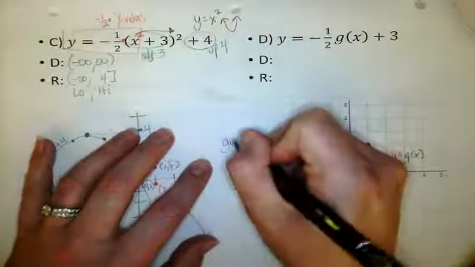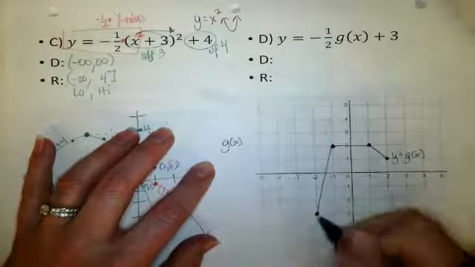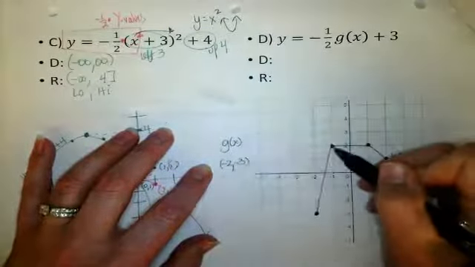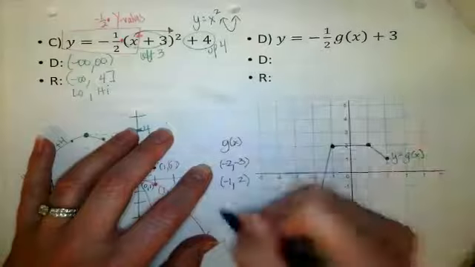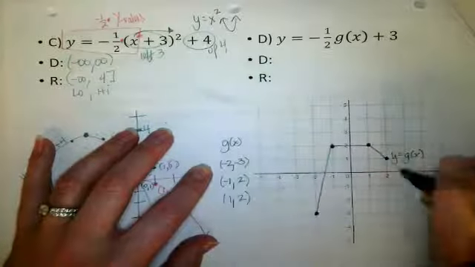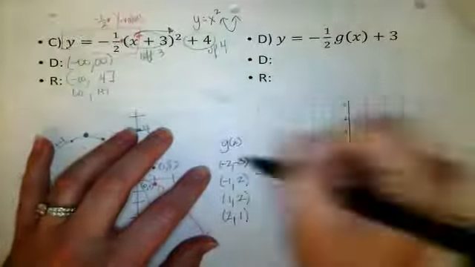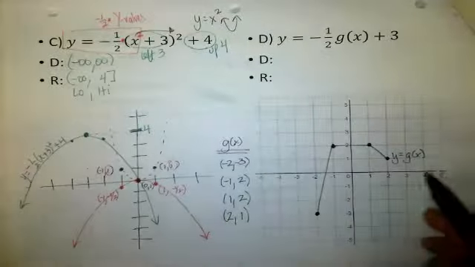My g of x function has points at negative 2, negative 3, negative 1, 2, 1, 2, and 2, 1. So these are the original points on the graph that they gave me.